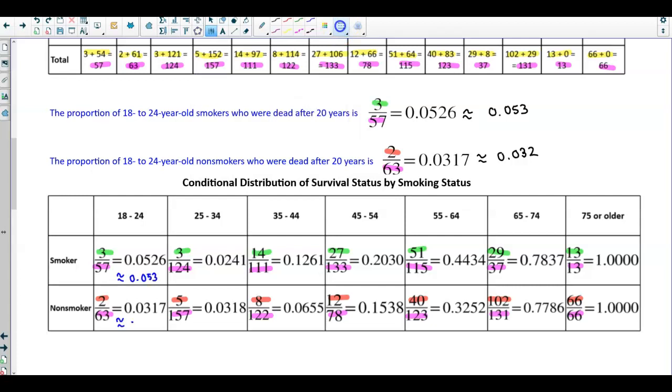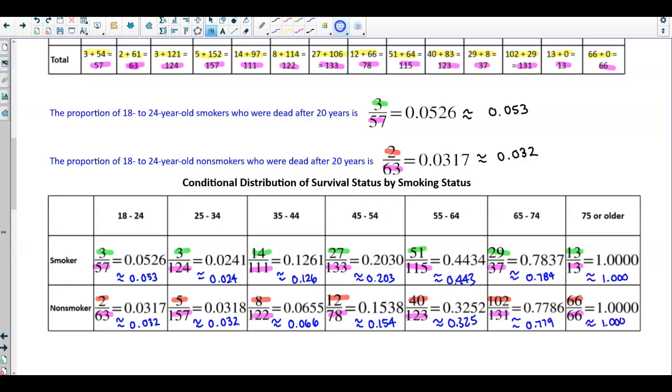0.053, 0.032, which we already have those answers, 0.024, 0.032, 0.126, 0.066, 0.203, 0.154, 0.443, 0.325, 0.784, 0.779, 1.000, and 1.000.